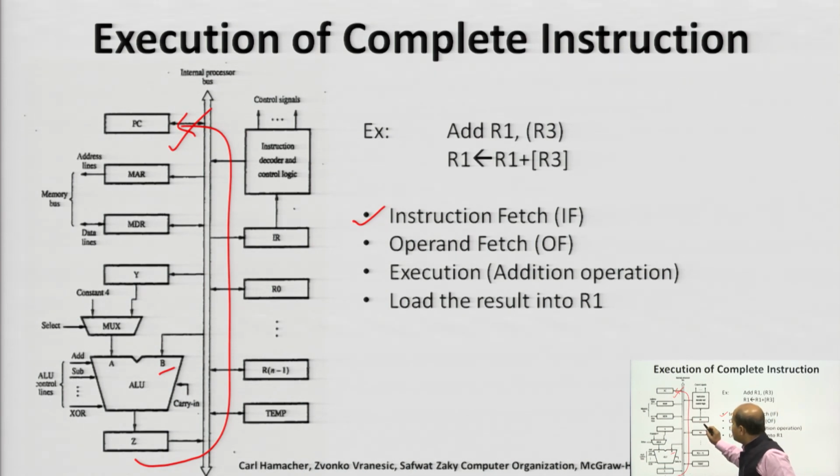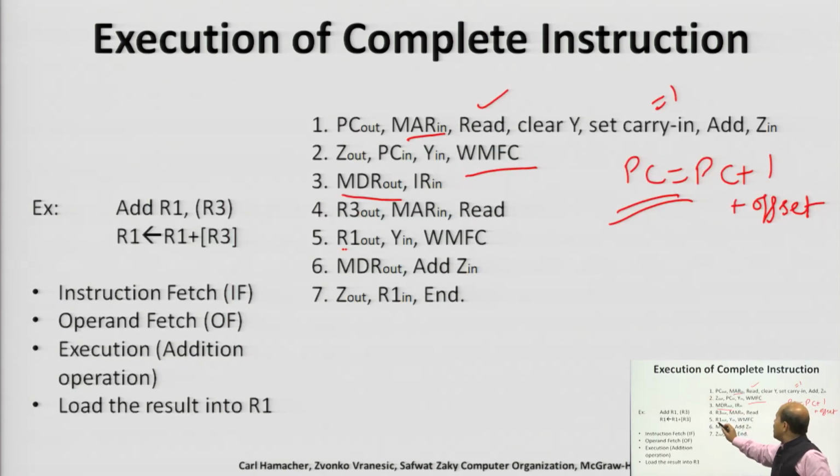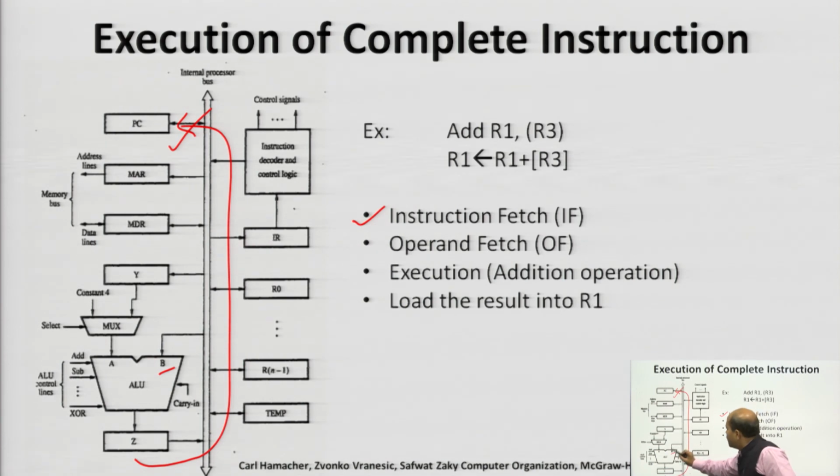The second operand is given in R1. So, R1 can be transferred through the Y register to the ALU. That is why R1 out and Y in, these two gates are opened, along with the WMFC signal, memory function complete. Now, the data is available with MDR and can be connected to the B pin, the second input of the ALU.